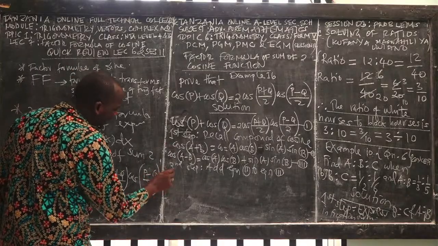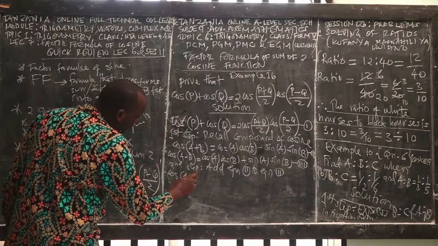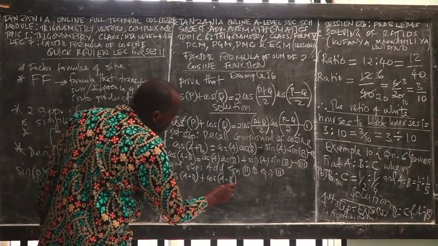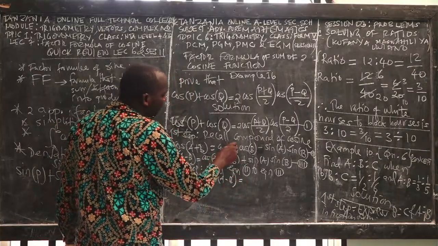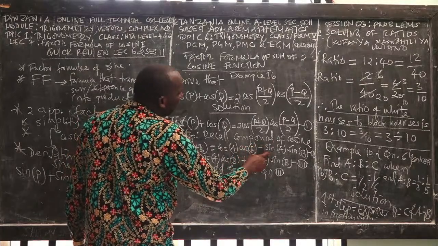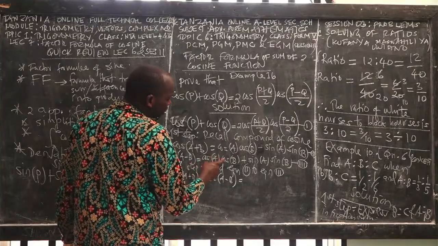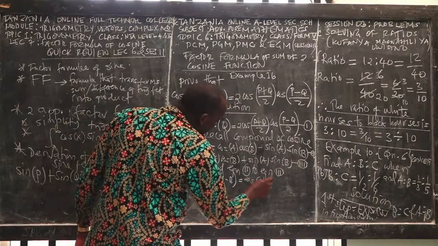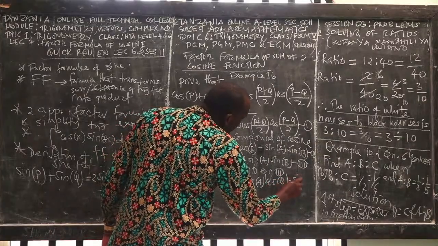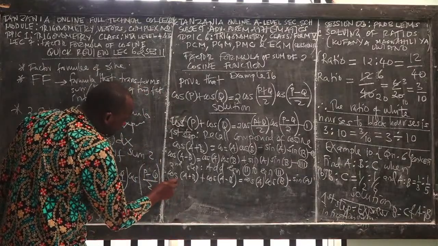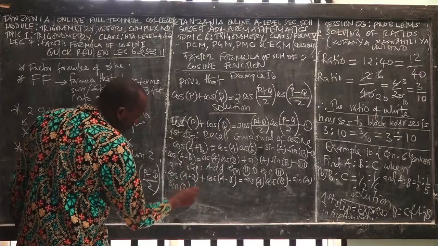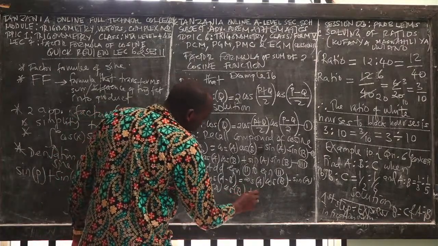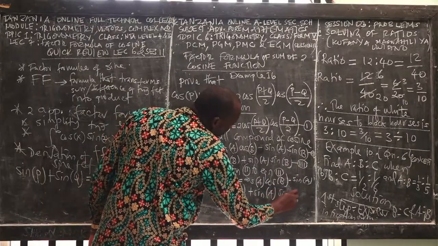So if we add them, on the left hand side we have cosine of A plus B, then plus cosine of A minus B. This is equal to cosine of A cosine of B, minus sine of A sine of B, plus cosine of A cosine of B, plus sine of A sine of B. Okay?